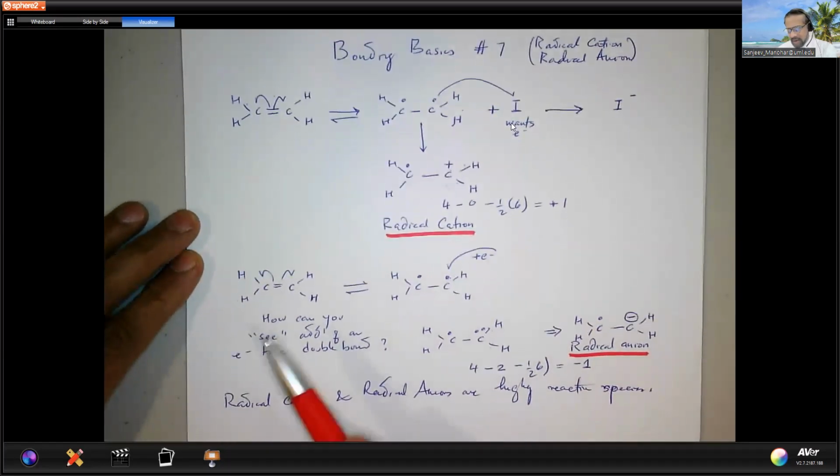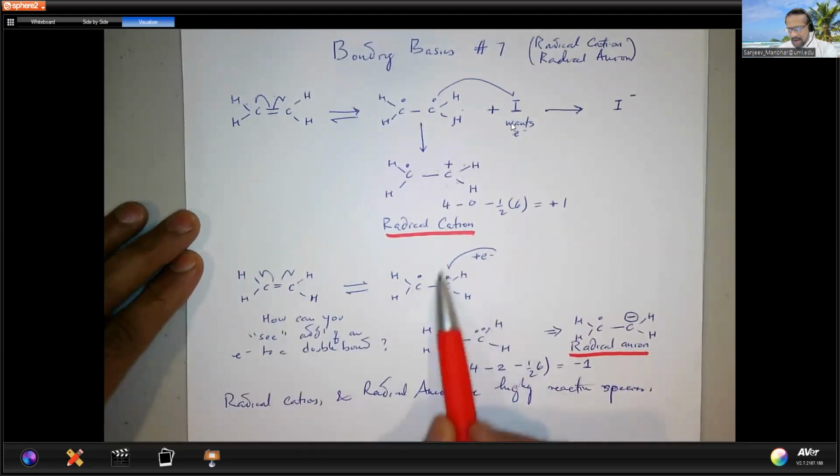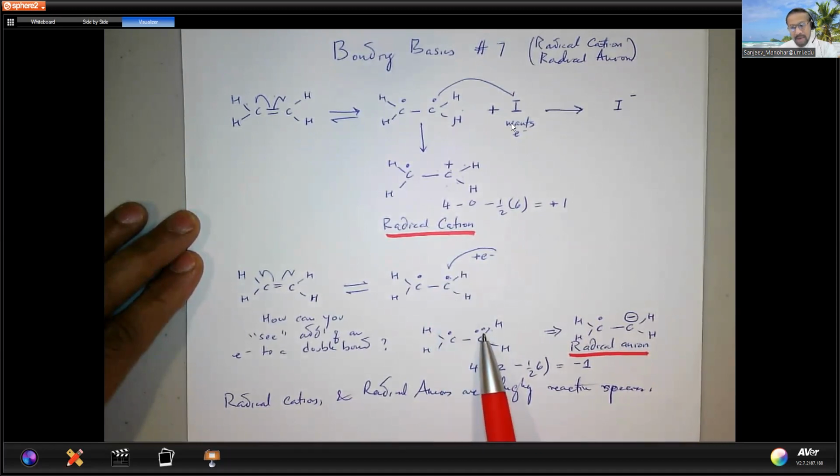And similarly, if you were to add an electron to this system, you get two electrons on this carbon, which started off with one. The two electrons means a minus charge, right? And so you get a radical anion.